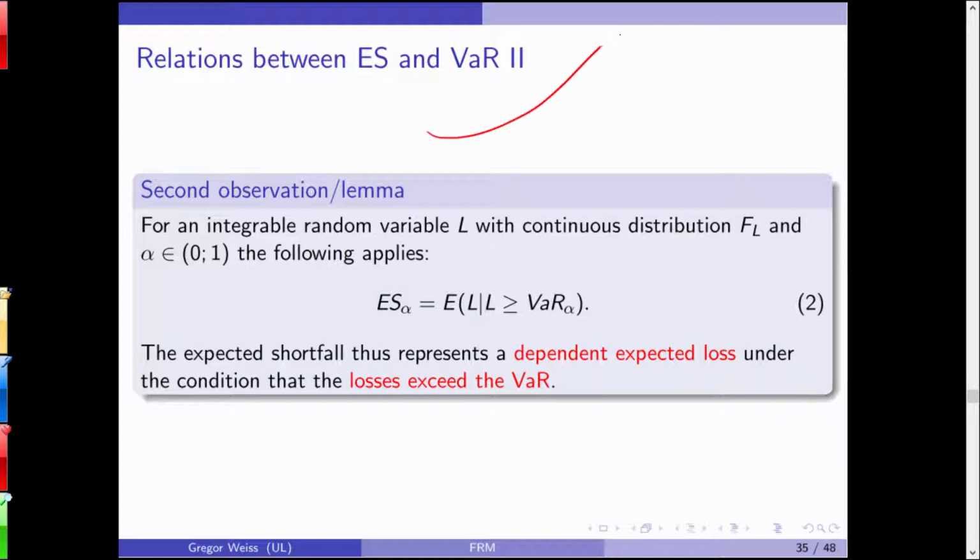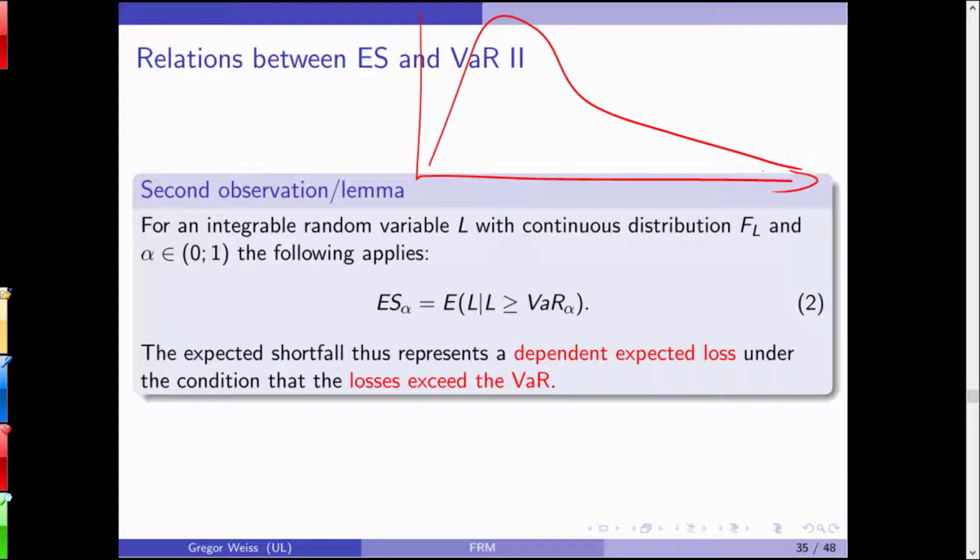Let's make it precise. Let's look at this in an exact way. Let's take a loss and not a profit and loss distribution. These are the losses here that really hurt, right? We look at the value at risk.